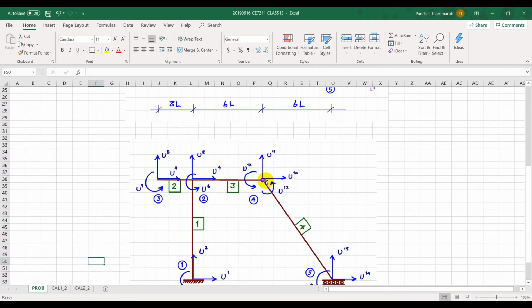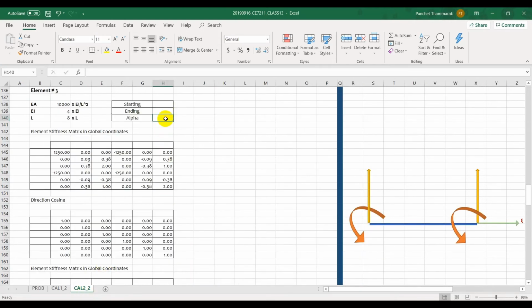Okay, so number 3 will have 2 to 4. For 2 to 4, the local coordinate points towards the right-hand side, and that makes a 0 degree angle for the alpha. So this is 2 and this is 4.